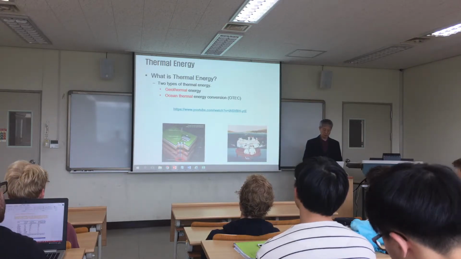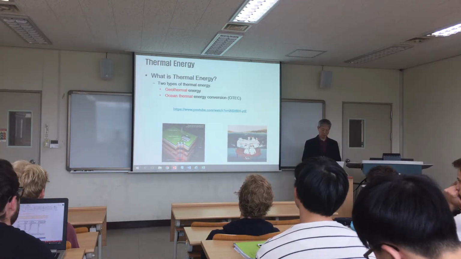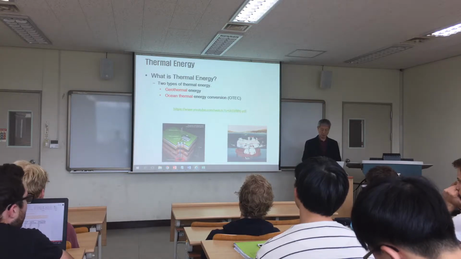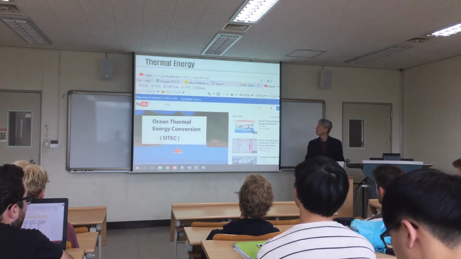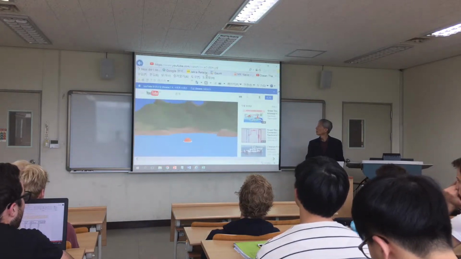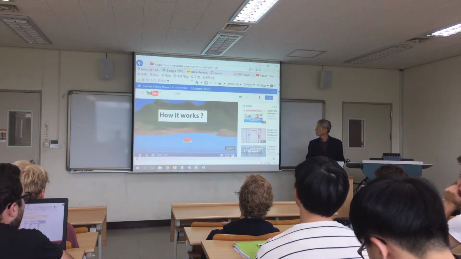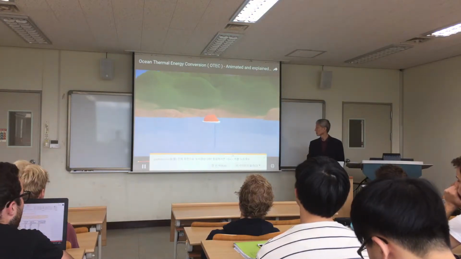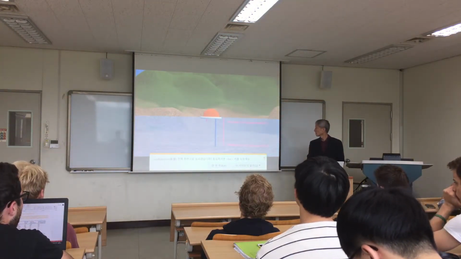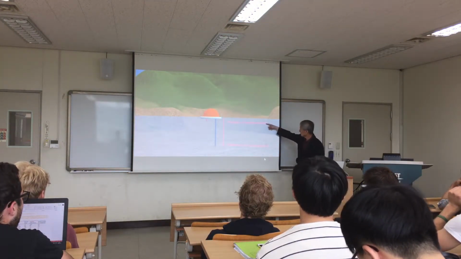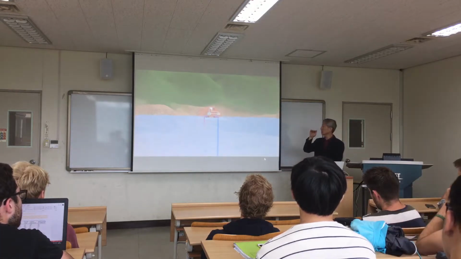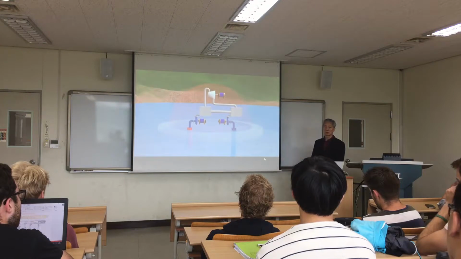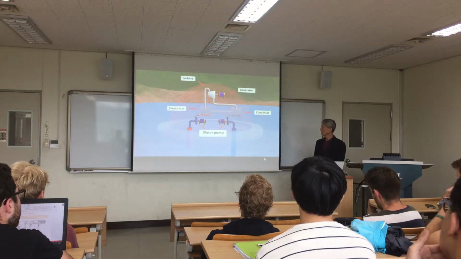All right, so I have one more video. Last night I included this one, so you may not have this one. This is just graphics. You see that there is 25 and 4, so only about 20 centigrade difference of temperature.